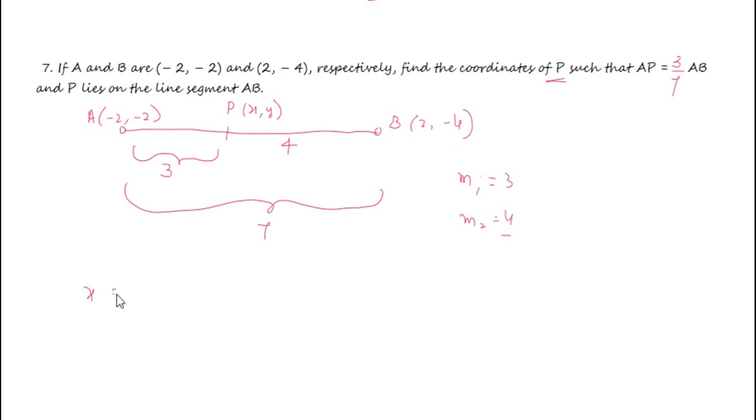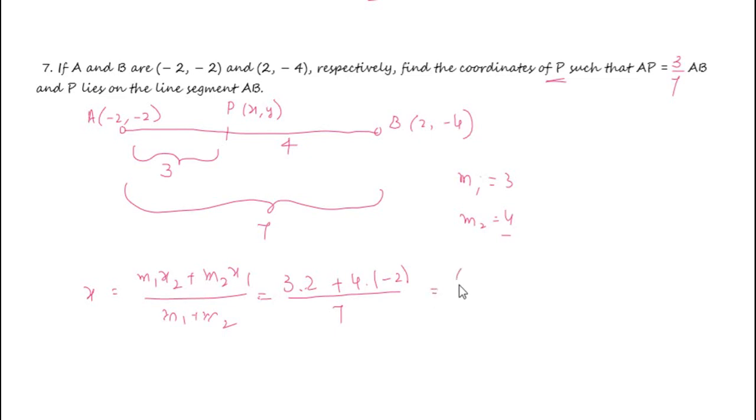Now x equals (m1 x2 plus m2 x1) divided by (m1 plus m2). m1 is 3, x2 is this point, that is 2, into 2, plus m2 is 4 into x1 which is minus 2, divided by m1 plus m2, that is 7.